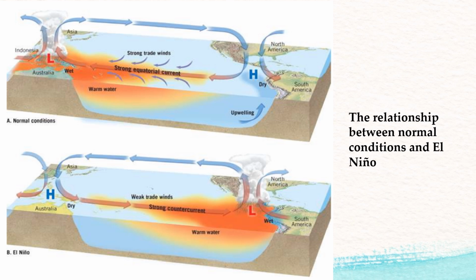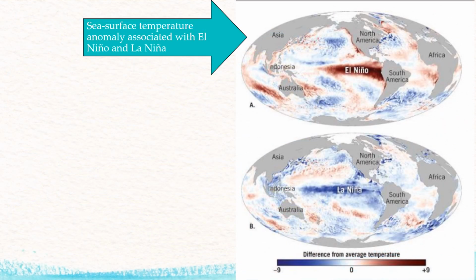We're still gonna check the sea surface temperature anomaly associated with El Nino and La Nina. So with El Nino, you can see the high pressure off the coast of South America weakens, and this reduces the strength of the trade winds, as I've mentioned, and creates the strong equatorial countercurrent, if you remember the previous picture.